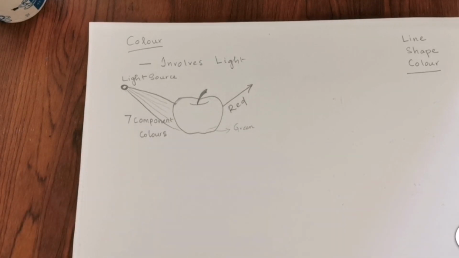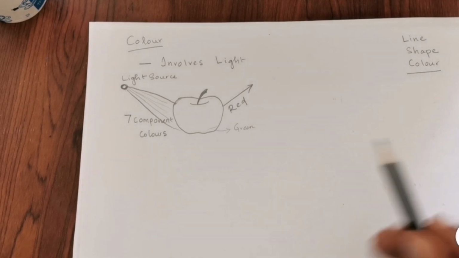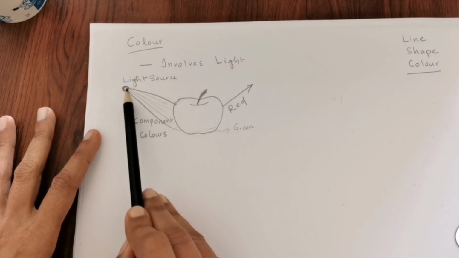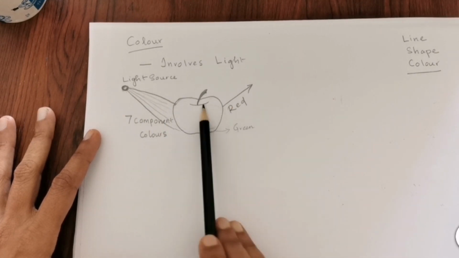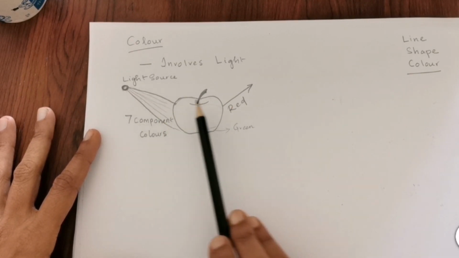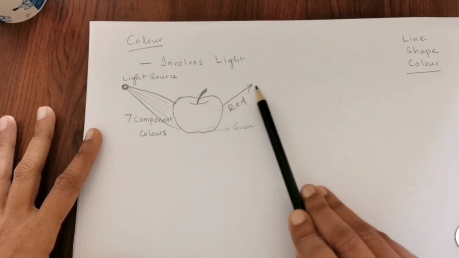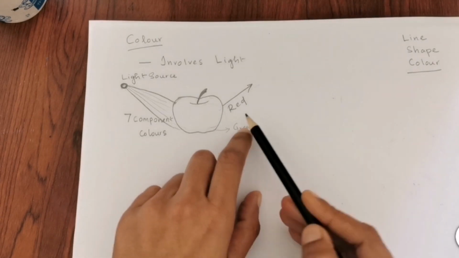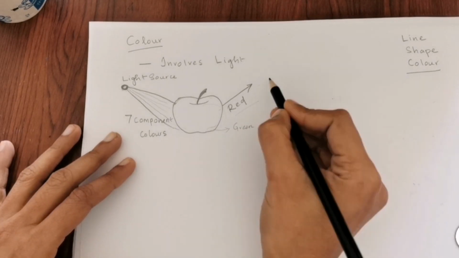So we can't say that one object reflects only a single color. No, each area reflects different colors according to the frequency. So according to the frequency, the colors are visible. Whatever frequency that area has, it will reflect, and it will absorb the other colors.